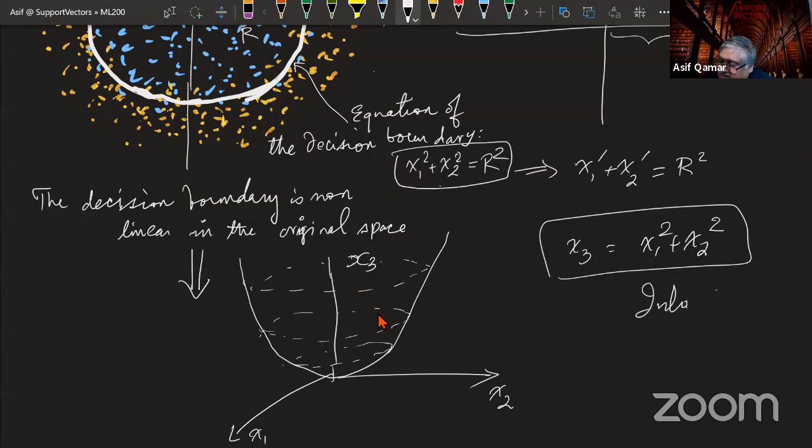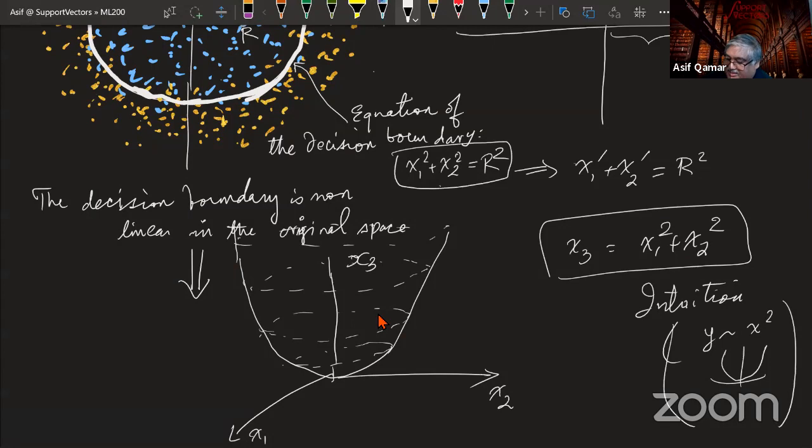What does the equation y is equal to x squared look like? It looks like this. That's the intuition. I just generalized it to 3 dimensions. Right. So this is it.